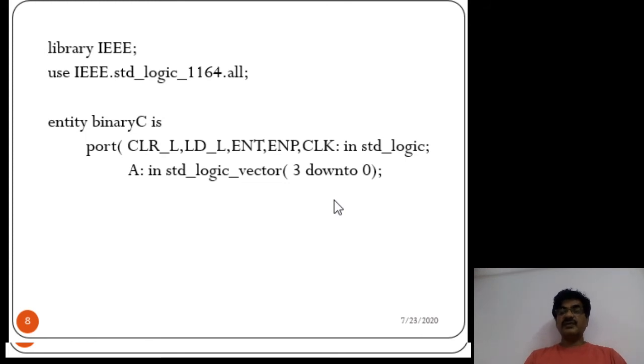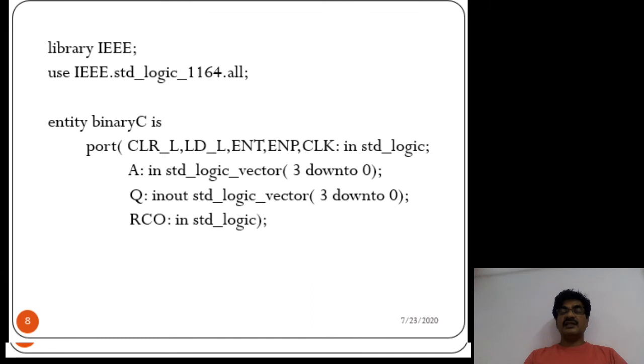Then I am giving two output declarations. One is Q, for representing QA, QB, QC, QD in the IC, and another one is RCO, ripple carry output. So this is the entity declaration to declare all inputs and outputs of IC 163.